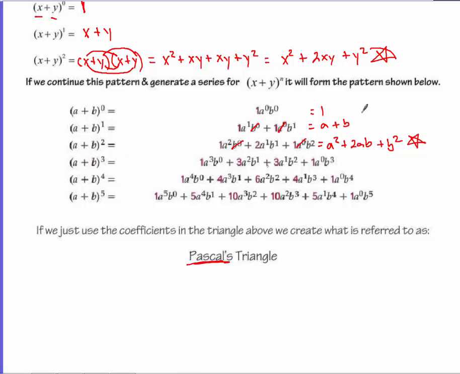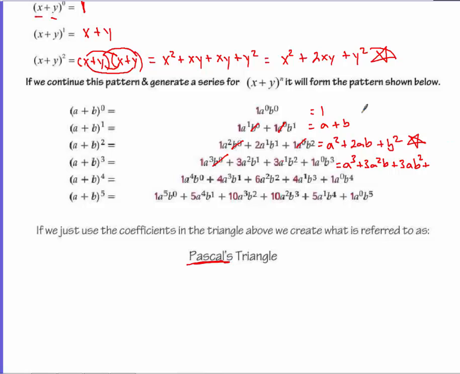So a plus b cubed. 1a cubed b to the 0 is just a cubed. Plus 3a squared b to the 1, plus 3a to the 1 b squared. I probably should have not put this 1 here, so get rid of that one.